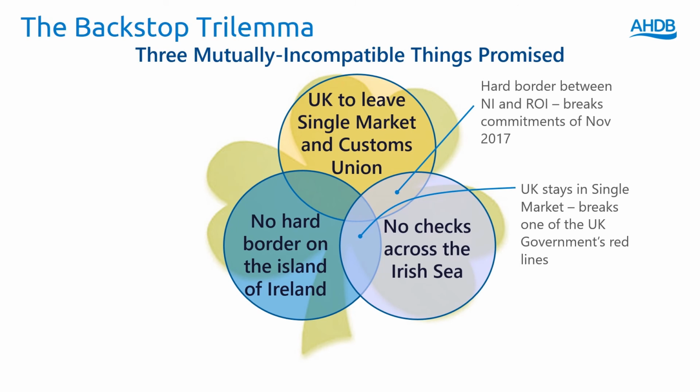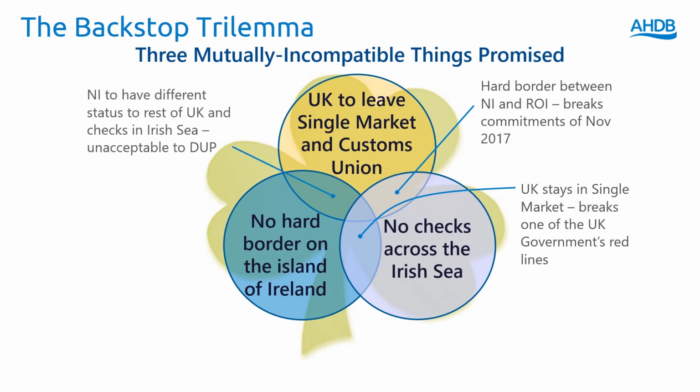And if we look at the other aspect of the backstop trilemma, no hard border on the island of Ireland, yet the UK leaving the single market and customs union, well, that then would mean that there would be checks on Irish Sea trade, Great Britain across into Northern Ireland, and that of course being unacceptable to the DUP, and we've heard a lot about that recently.